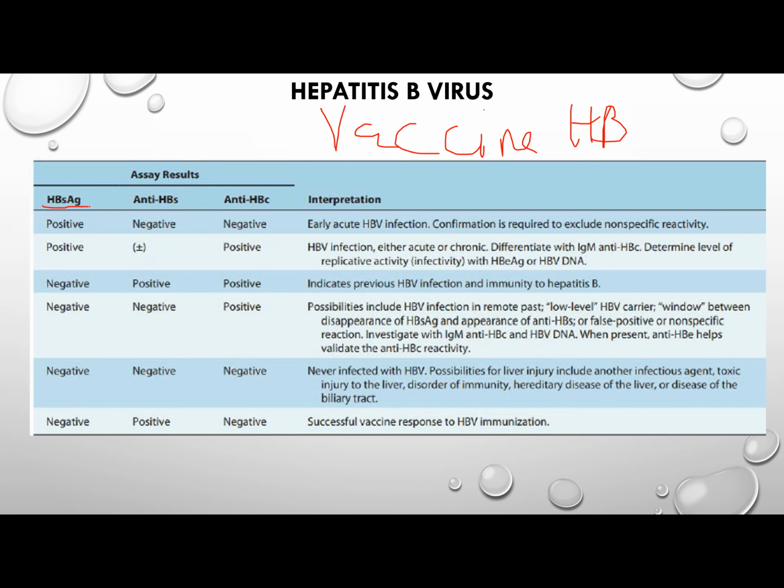For HBsAg, class, you should be negative. For anti-HBC, you are also negative. But for anti-HBs, you are positive.